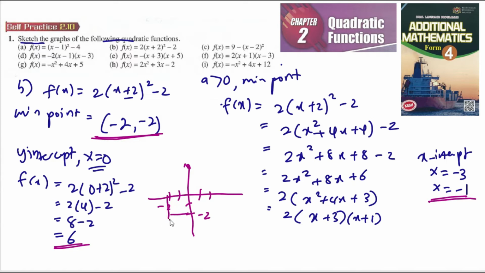So this one is the minimum point. And then the y-intercept is 6. Okay, so maybe here is 6. And then the x-intercept is negative 3 and negative 1. So negative 3 and negative 1. Here and here. So going through this point, here and intersect here. So it should be round.